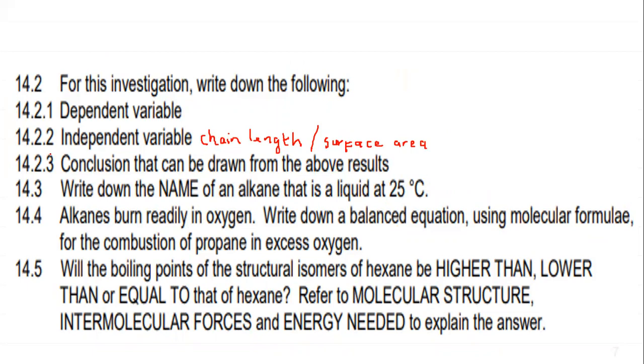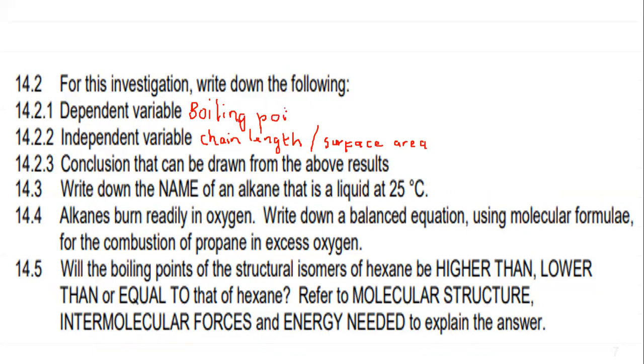Quickly to revert to 14.2.3, remember what I said to you. When you conclude, it's usually 3 marks. You mention the 2 variables. We agreed that the independent variable is the chain length, the dependent variable is the boiling point.